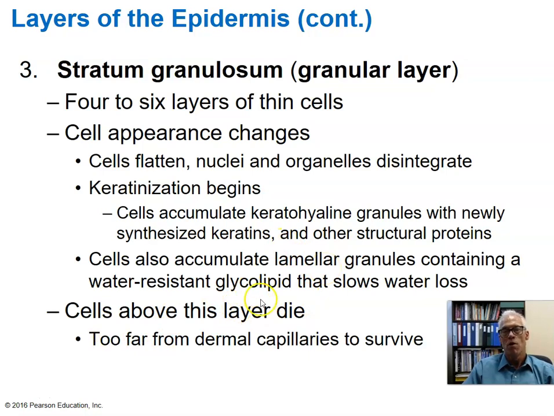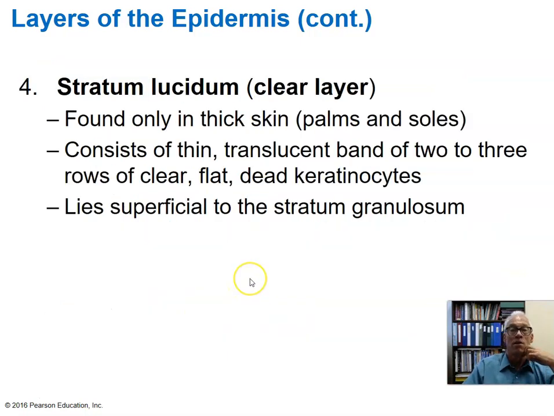So just before the cells die, they exocytose all the lipid in those lamellar granules, and all their organelles disintegrate, and the cell envelope forms under the cell membrane, and the keratin filament cytoskeleton forms, and then the cells are done. They're no longer alive, and they form layers of the keratinized or cornified layer.